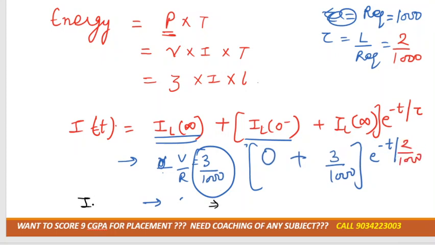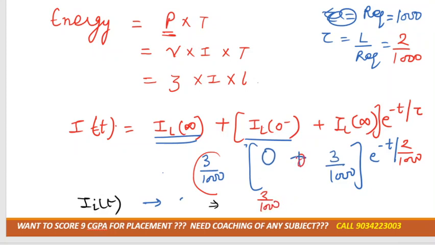Tell me what is the final answer for IL of t. It is 3 by 1000 times 1 minus e raised to power minus t over 2 by 1000, and 2 by 1000 is 500, so minus 500t.